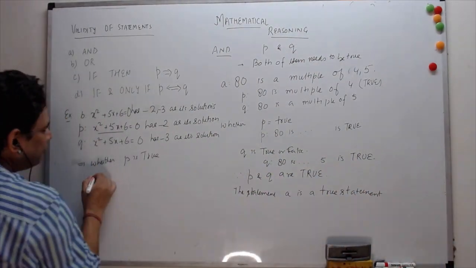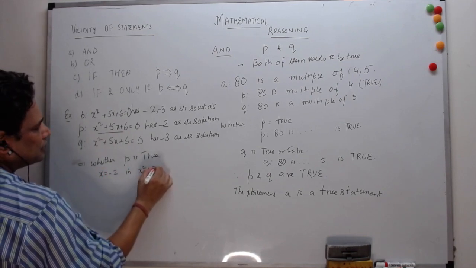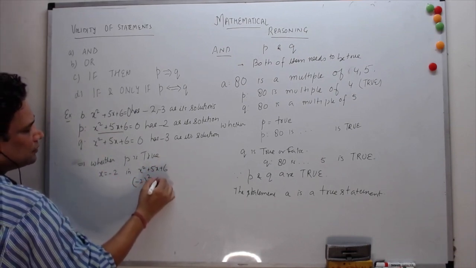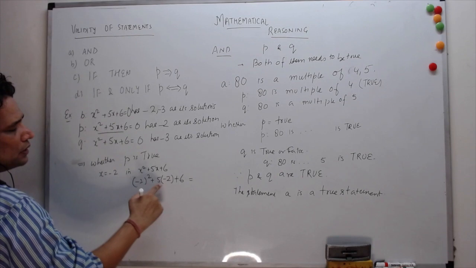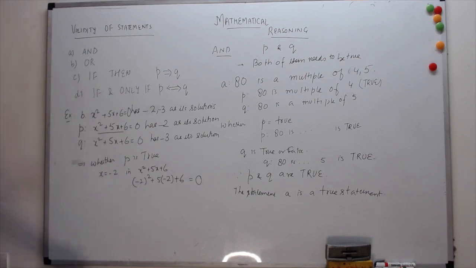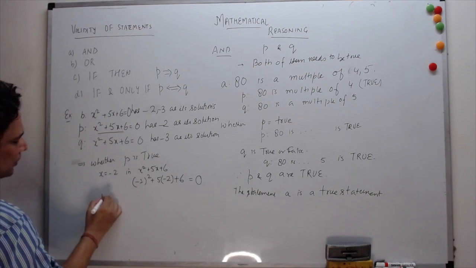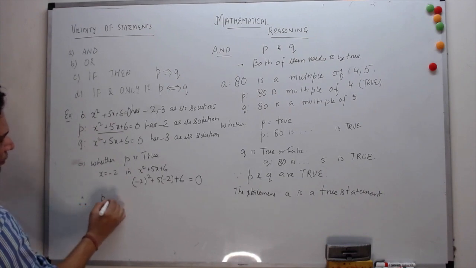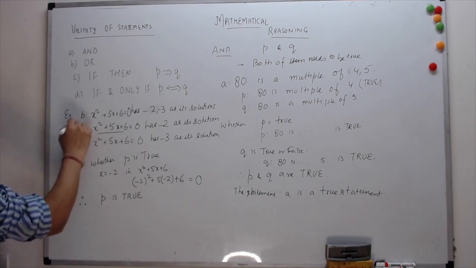So if I put x equals minus 2 in x squared plus 5x plus 6, what do we get? We get negative 2 squared plus 5 into negative 2 plus 6. This adds up to 4 minus 10 plus 6, which gives you a 0. Meaning that yes, x equals minus 2 is a solution. Therefore, P is true. So at least we are able to evaluate that this first statement is true.